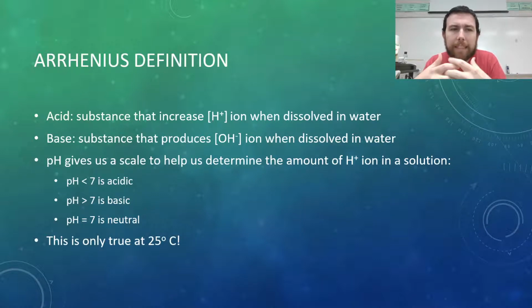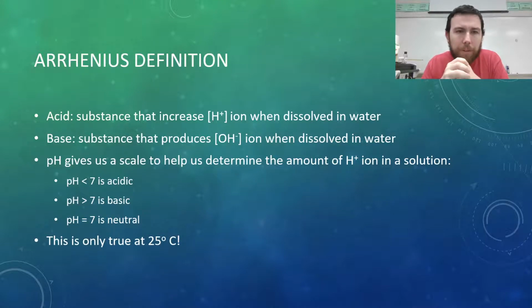Now, in the Arrhenius definition, a base is a substance that, when dissolved in water, produces additional hydroxide ions. So it increases the hydroxide ion concentration in your solution. So that's kind of the working definition that I imagine most of you are bringing to the table.